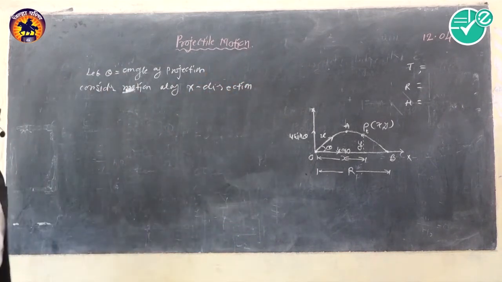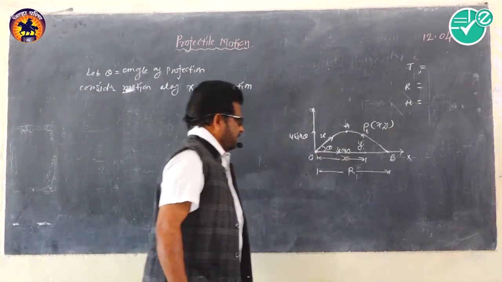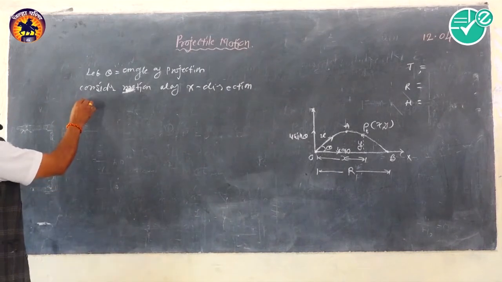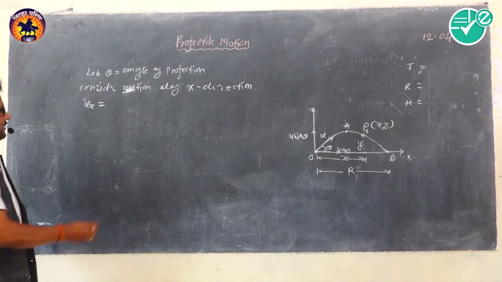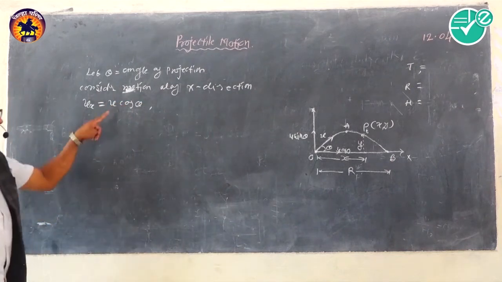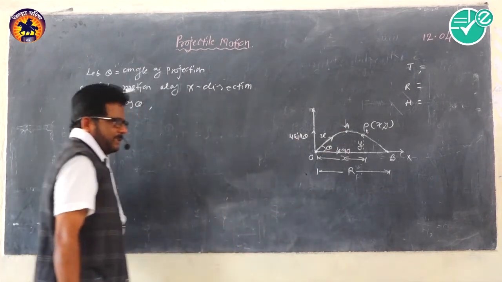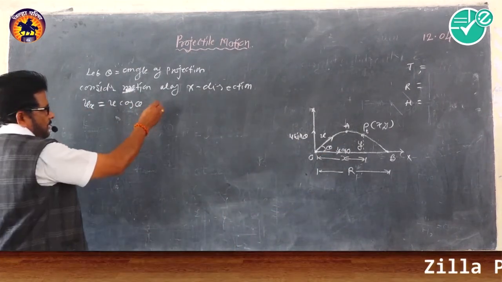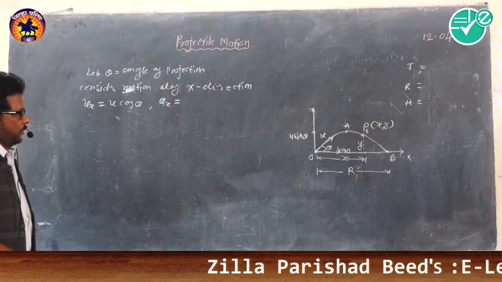For this motion, velocity along the x direction is u x equal to u cos theta. Acceleration along the x axis is always 0. So a along x direction is 0.